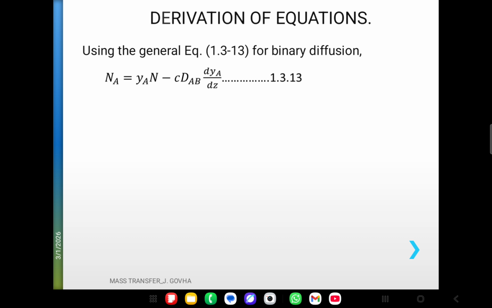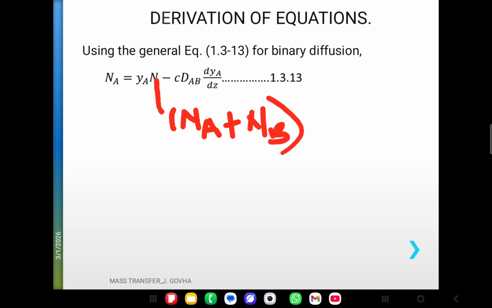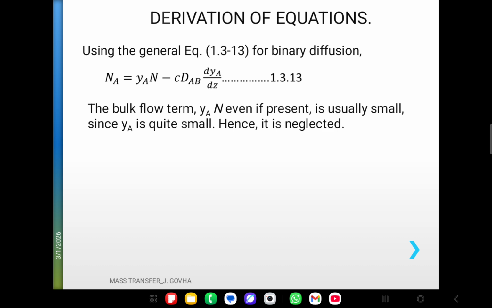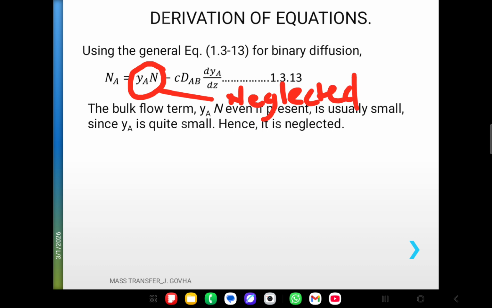Please note that the bulk flow term is usually so small due to YA that it is neglected in most cases.